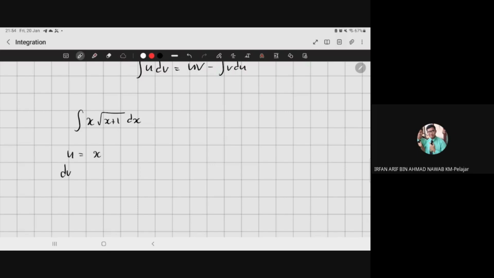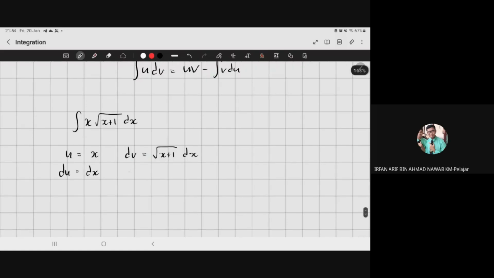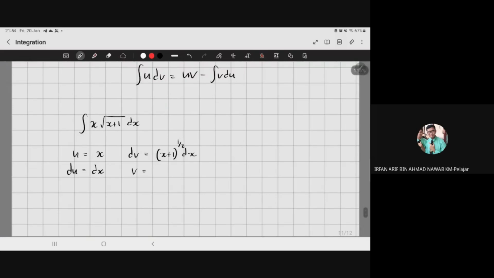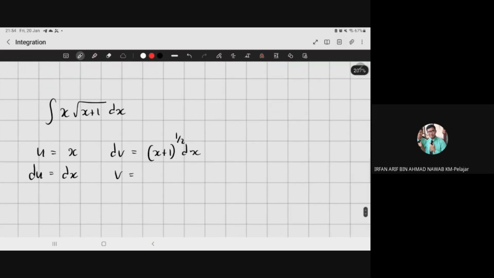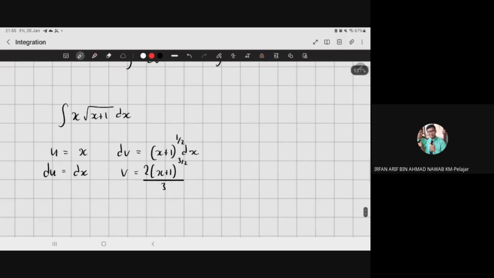We differentiate, du is equal to dx. dv is equal to square root of x plus 1 dx. v is equal to, I know x plus 1 is 1 over 2, and then this will give me (x plus 1) to the power 3 over 2, over 3 over 2, which is 2 over 3. Alright, so far I did this correctly.